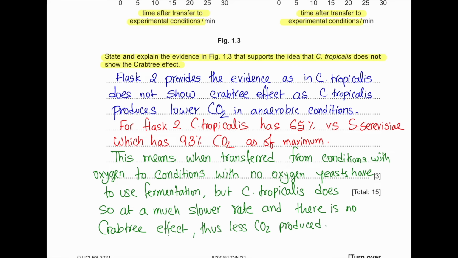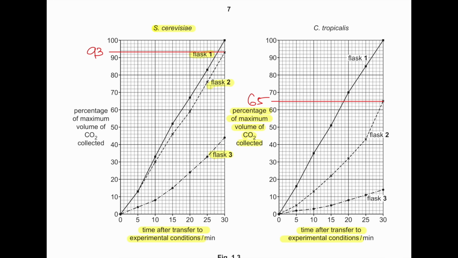Now, flask 2 provides us evidence that C. tropicalis does not show the Crabtree effect, as C. tropicalis produces lower carbon dioxide in anaerobic conditions. In flask 2 with C. tropicalis, we allowed it to go into anaerobic condition, and we saw that the rate of respiration decreased, whereas in S. cerevisiae it did not.